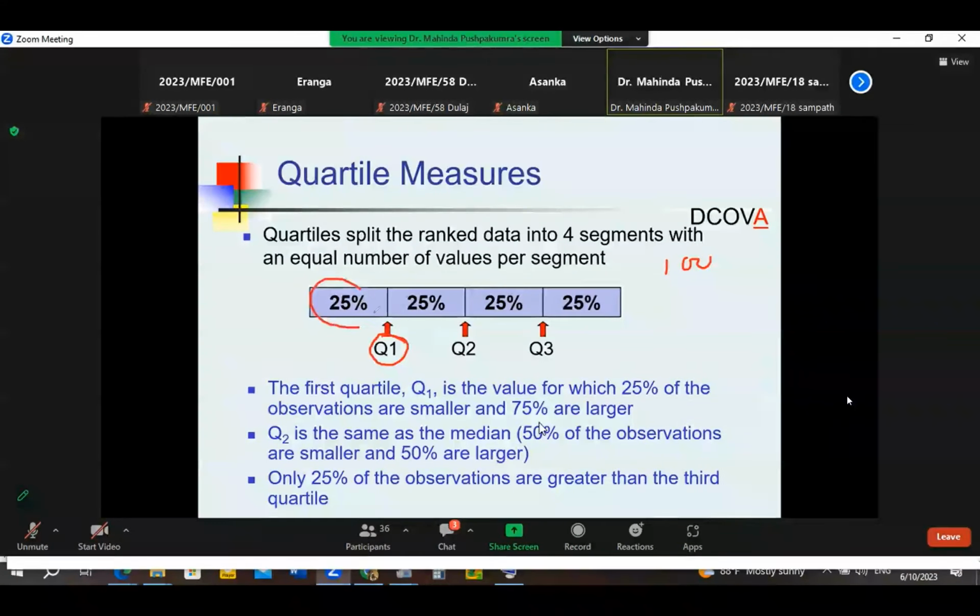Then Q2 is actually the median. There are 50% of observations below the median and above. The first quartile is the value for which 25% of observations are smaller and 75% are larger. Q2 is the same as the median. Then for Q3, only 25% of the observations are greater than the third quartile.